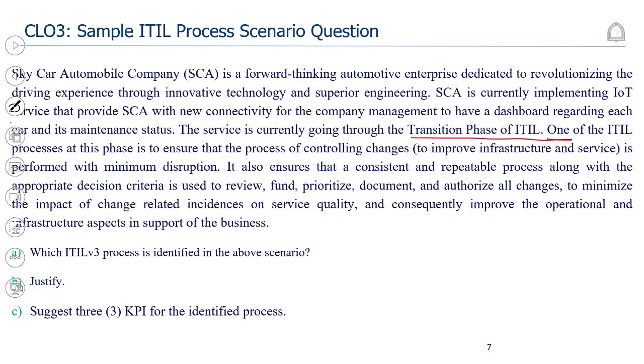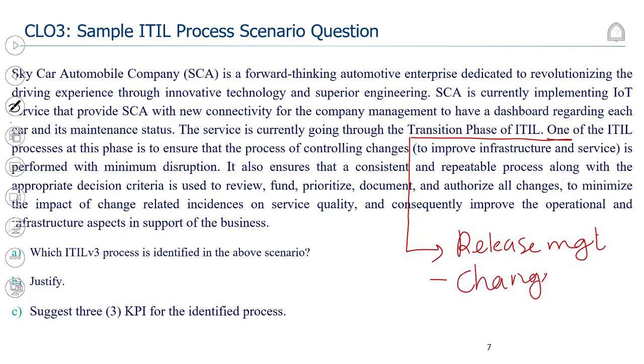So the moment I read transition, what should come to my mind about the 2 processes that are very important in the transition phase? Release management and change management. Those are the two main processes that should come to my mind when I see the transition phase. So okay, we carry on.